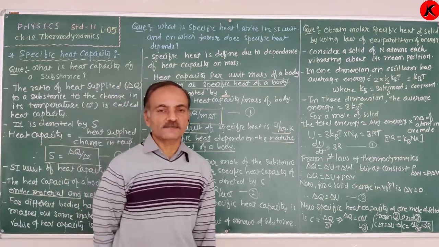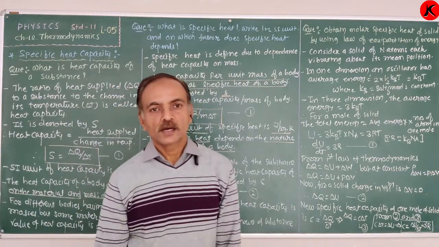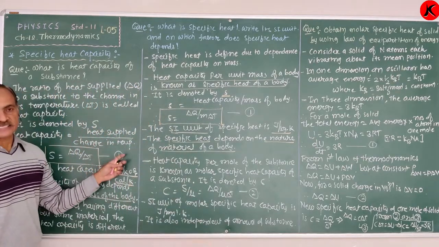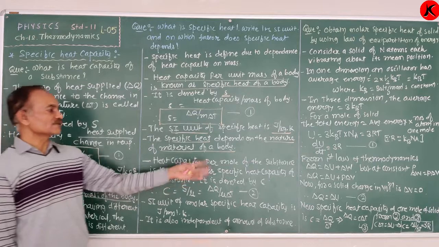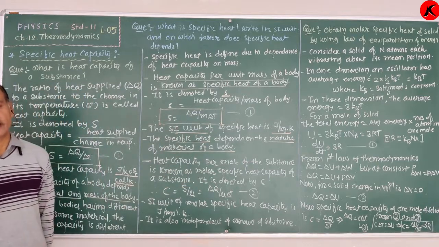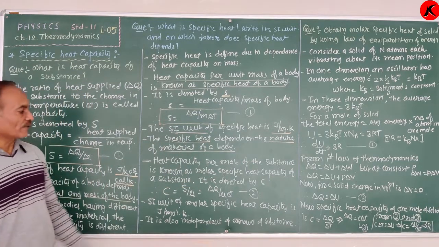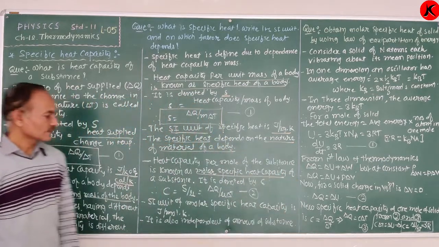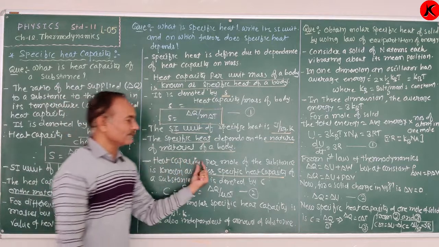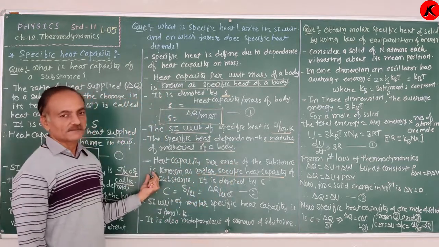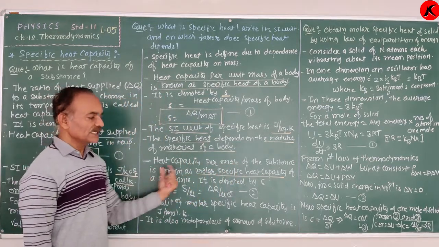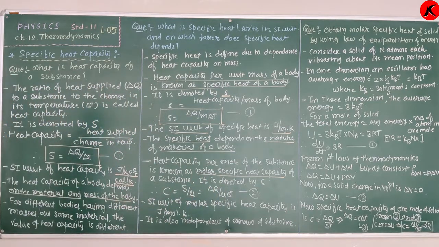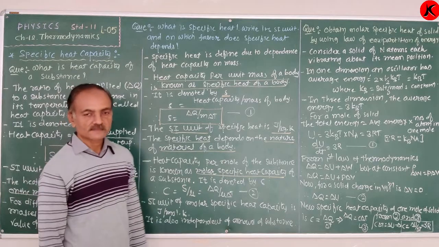Suppose we consider the substance is 1 mole. So the heat capacity of a substance having the amount of 1 mole is known as the molar specific heat capacity. Now we are going to define the molar specific heat capacity. The heat capacity per mole of the substance is known as molar specific heat capacity of a substance.